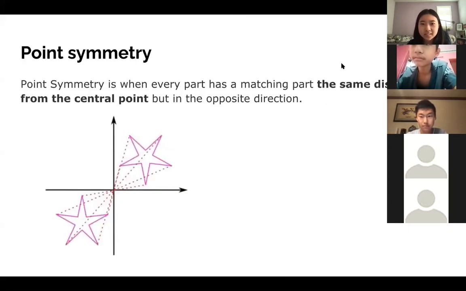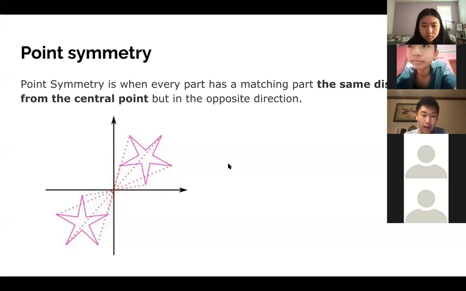Yeah, so our first symmetry is called point symmetry. Point symmetry is when every part of the shape or graph has a matching part the same distance from the central point, but in the opposite direction. As you can see in this graph, you have a star in the first quadrant in the top right.